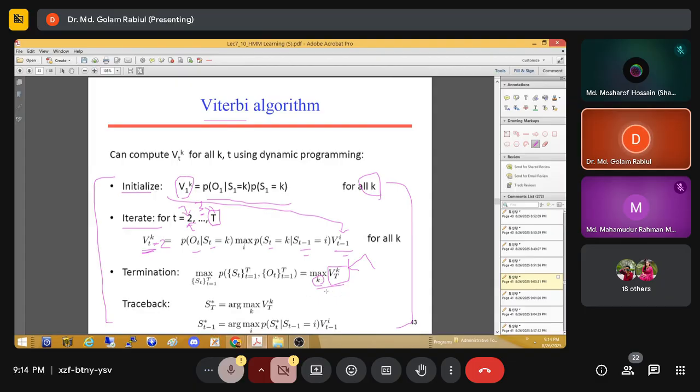Based on that, we will get the state of our last day. Last day is day 3 in our case, and then we have to trace back to the previous state and the previous state to find out our state sequence using the Viterbi algorithm.